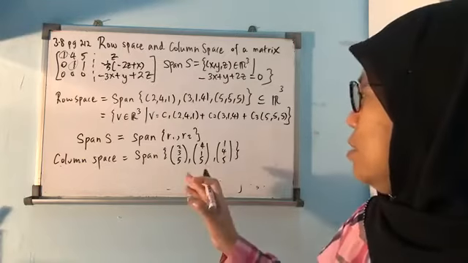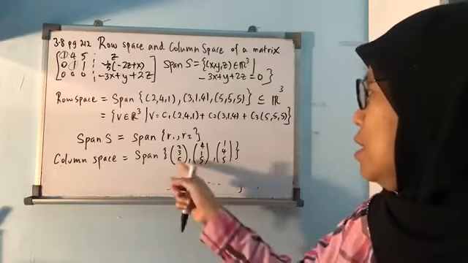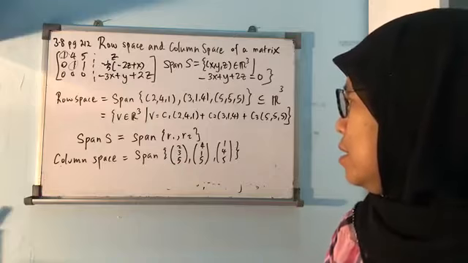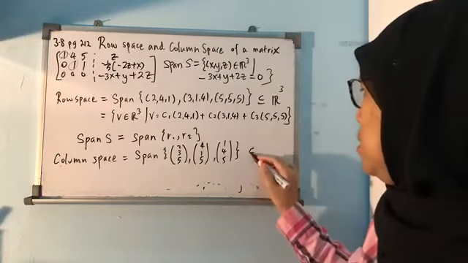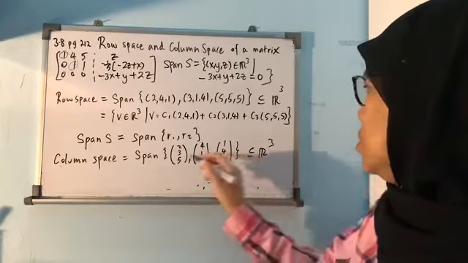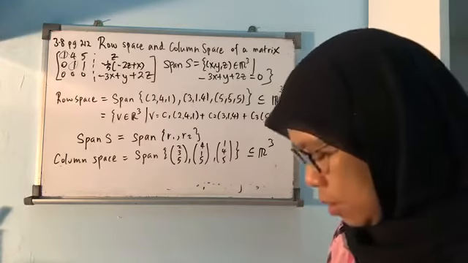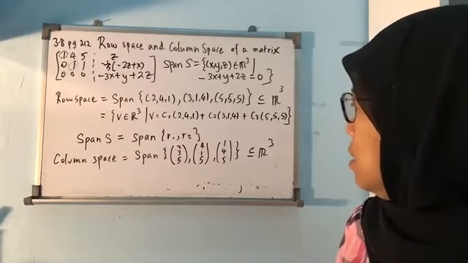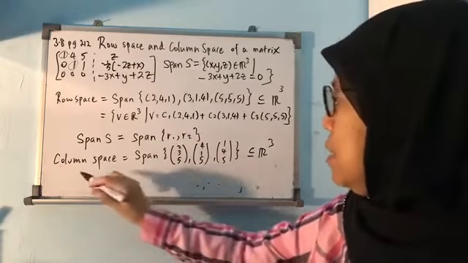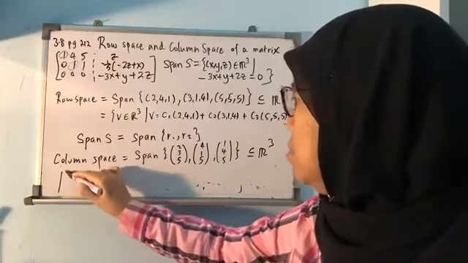Okay, again, you do the same thing as before, then you can see whether they span the whole R3 or not, because this is also R3, but in terms of the columns. You can check the determinant.